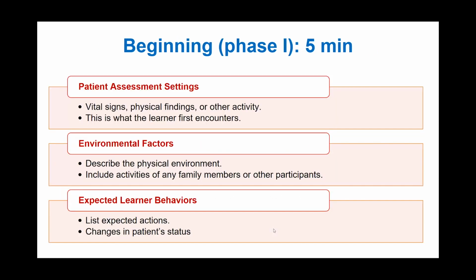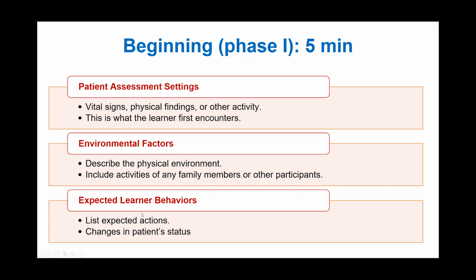So for the beginning stage, you might write the patient assessment setting. For example, you will have a middle-aged patient with the vital signs and findings suggestive of acute severe asthma, and the patient is complaining that his chest is tight, he's wheezy and he's having a cough. For the environmental factors, you might put the patient, for example, in a room that looks like the emergency department, and a nurse has already approached that patient, connected him to a monitor, and started him on high flow oxygen.